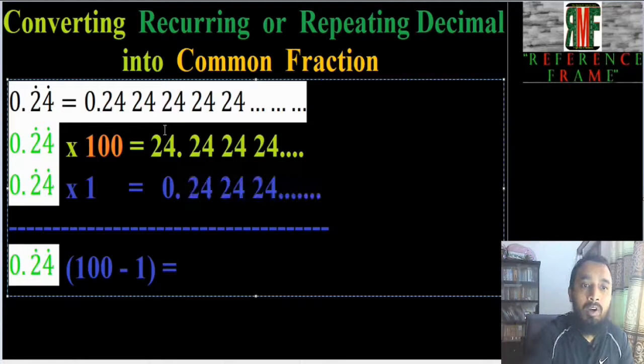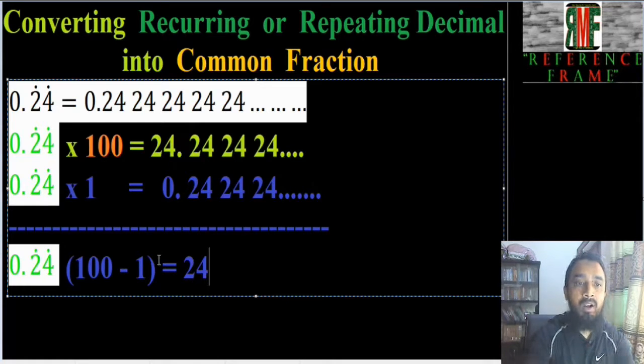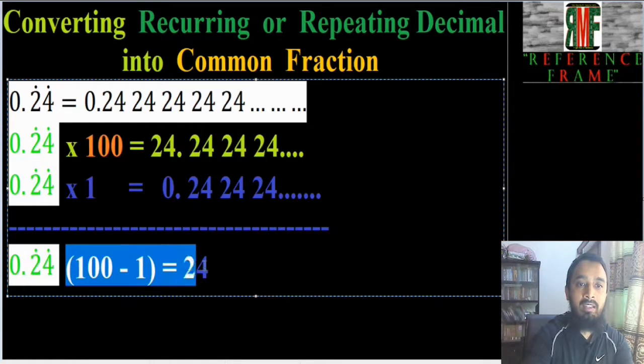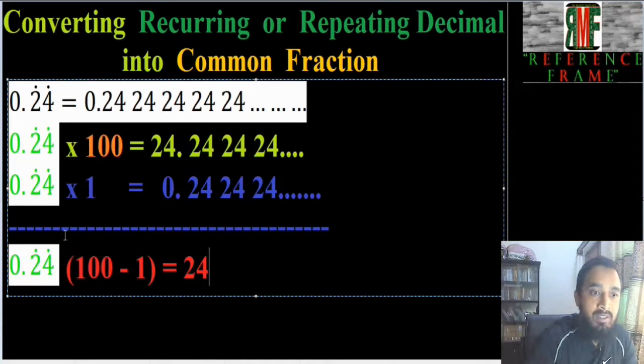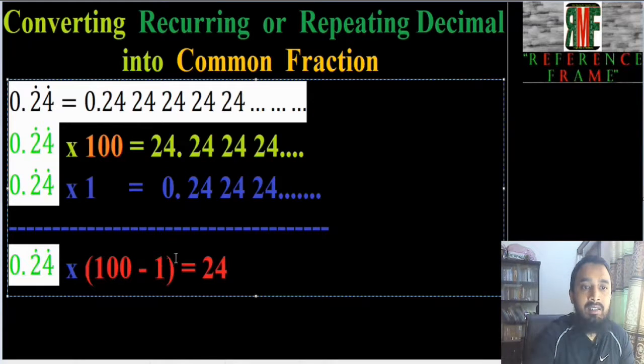There's a repetition. So ultimately on the right side we have 24. That means we have a situation like this: 0.24 multiplied by (100 minus 1) is equal to 24.